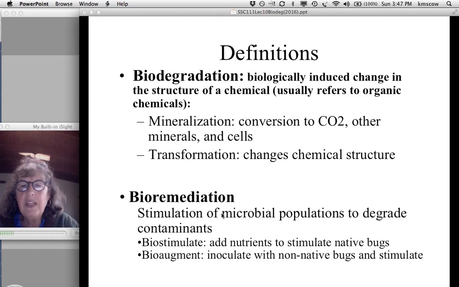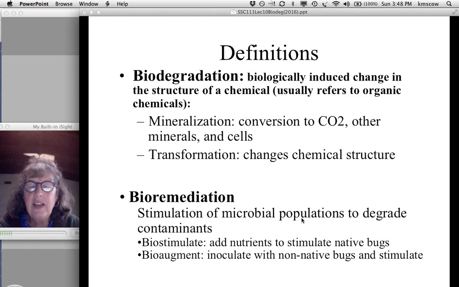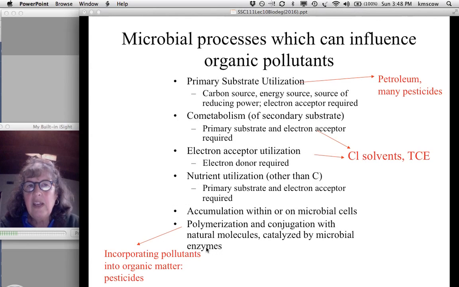And then bioremediation is stimulation of microbial populations to degrade contaminants. And of course, I did that lecture last Friday that used the case study of MTBE to show a lot of these kinds of definitions of bioremediation, which I will post, but that's another place to look for sure. Okay, so microbial processes that can influence organic pollutants.